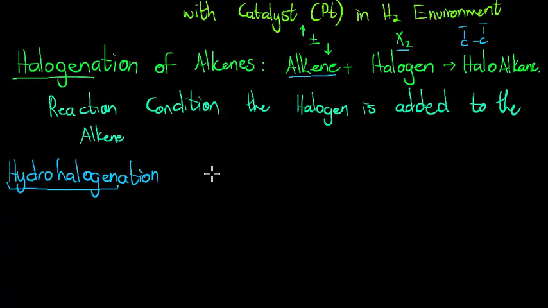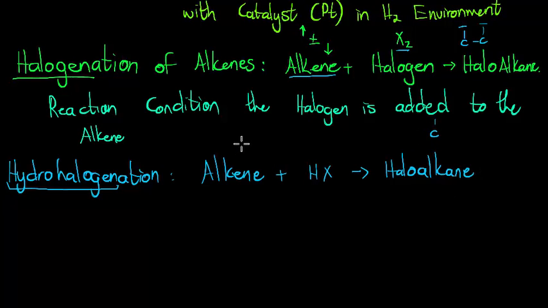So hydrohalogenation takes an alkene plus HX, where X represents a group 7 element, producing a haloalkane. This time only a single halogen is added: the double bond breaks, and one carbon gets a hydrogen and the other gets the halogen.